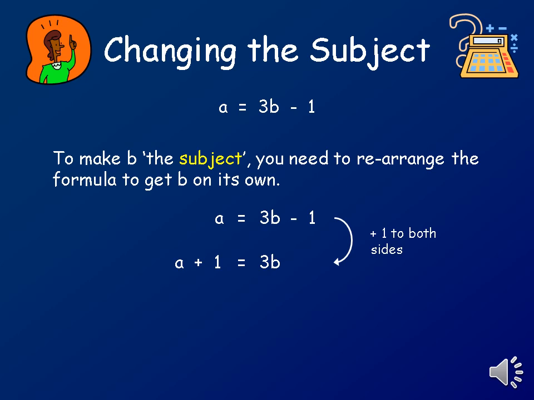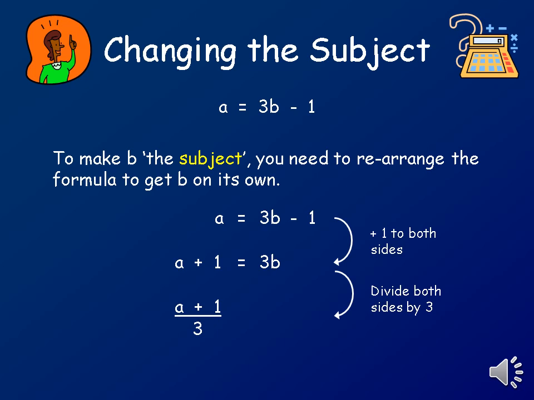Okay, so the question is, you are being asked to express b as the subject. So it's still got the 3 with it, so what we do is divide by 3, and again because we divide one side we must do the same to the other side.